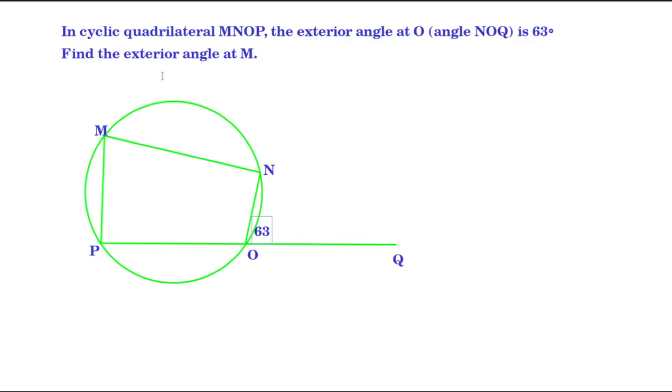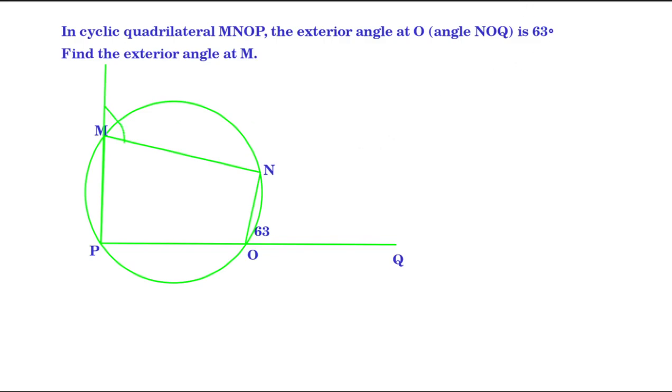So basically, you are either going to extend PM. If you decide to extend PM, you are going to have something like this, and this will be the angle you will be looking for.